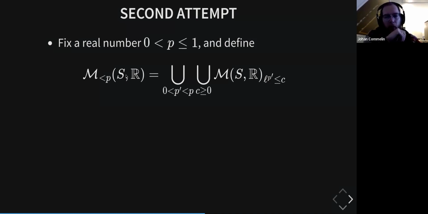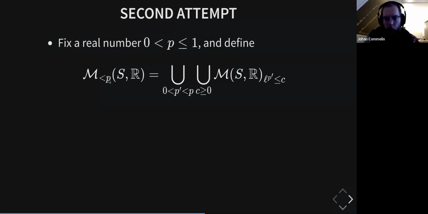It's sort of going to be like in analysis, where you very often look at spaces of overconvergent functions. And measures are dual to functions. So here we want some sort of, I would like to call it under-convergent measures.